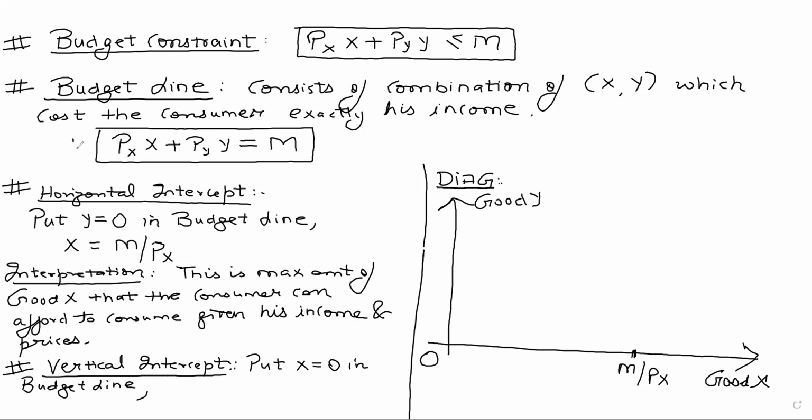So if I put x equal to 0, I get y as M by Py. Now how will I interpret this?